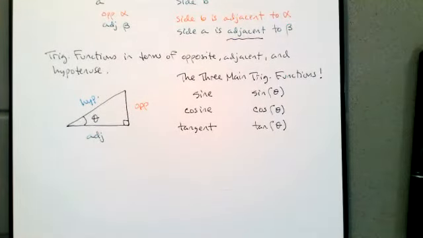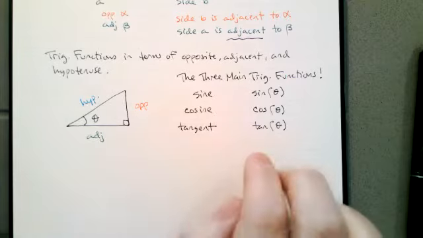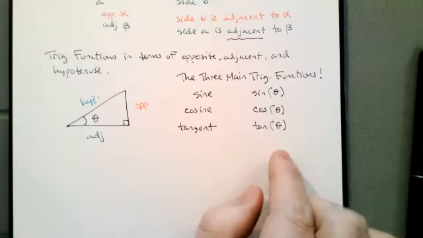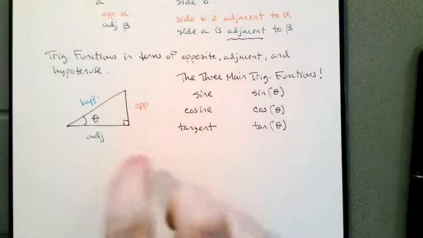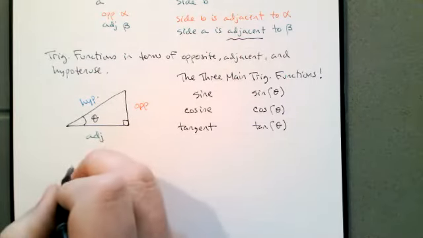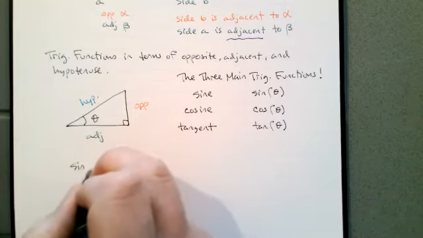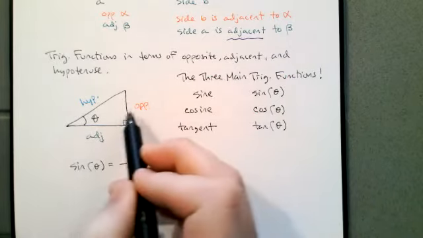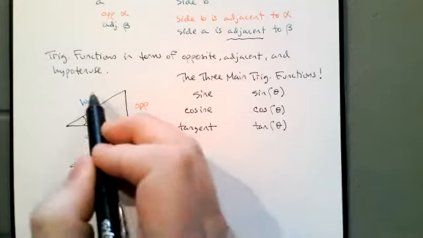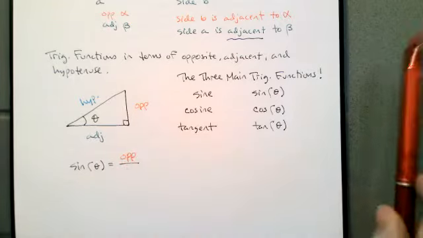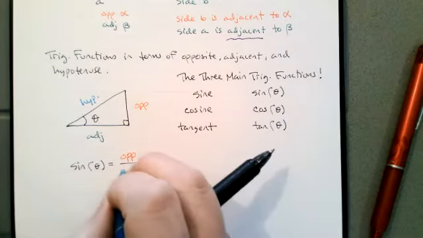So we're going to define the sine. This is a trig function that's being applied to an angle, and it's going to be a ratio of two of the sides. That's how we're going to define these in terms of theta. So the sine of theta is the ratio of the side opposite theta to the hypotenuse. Opposite to hypotenuse.